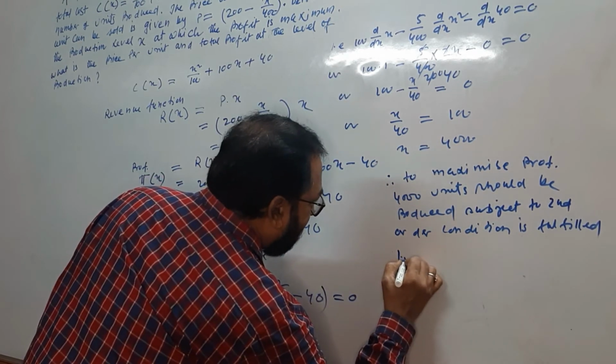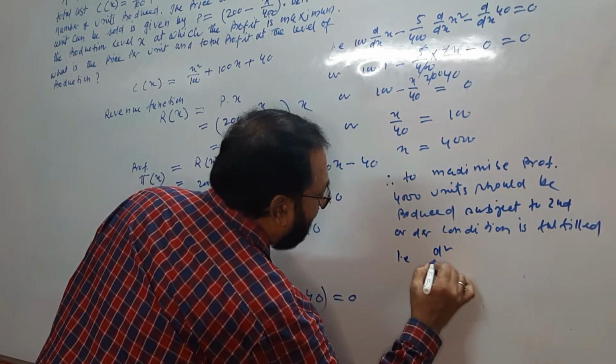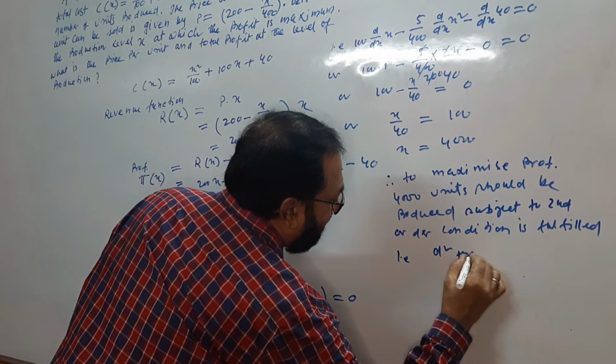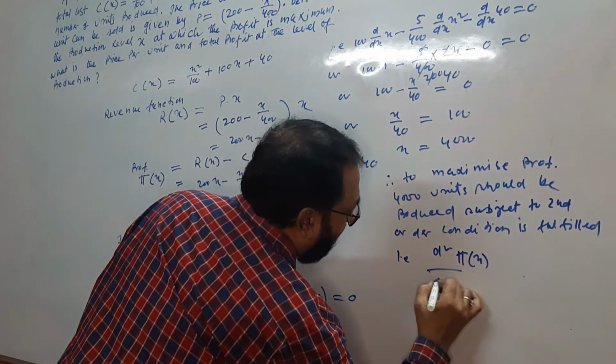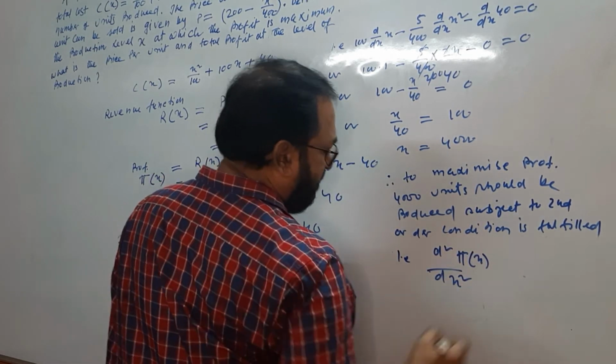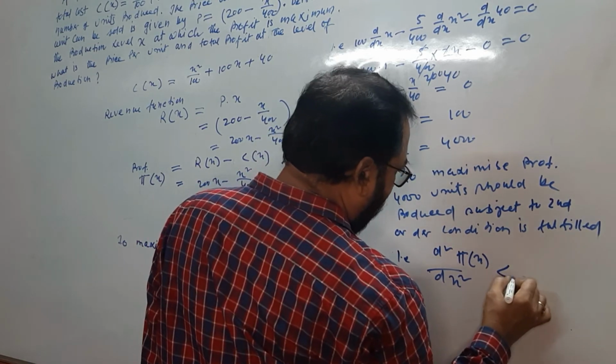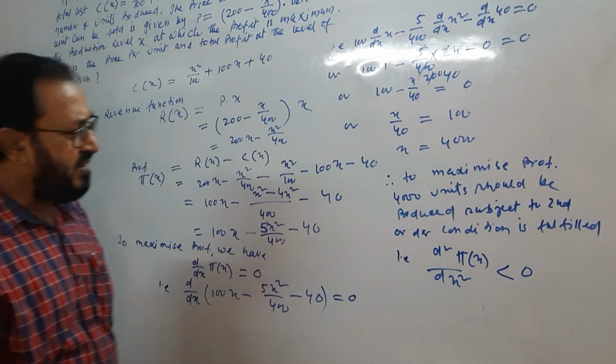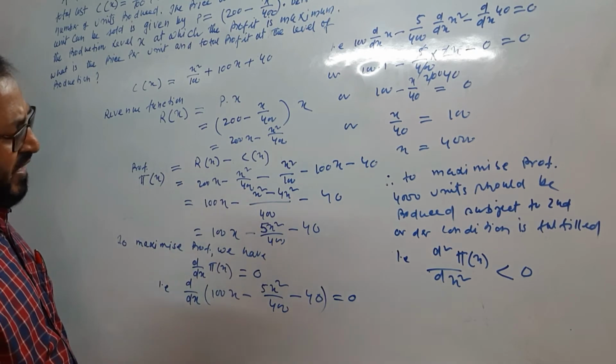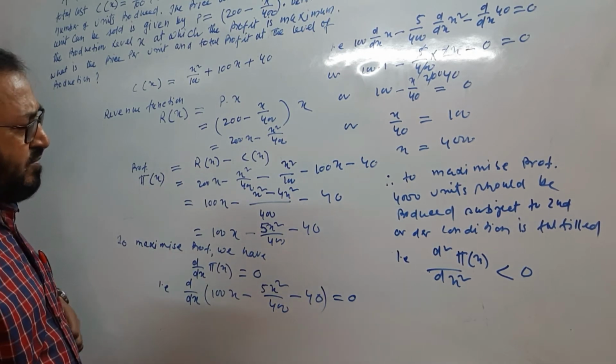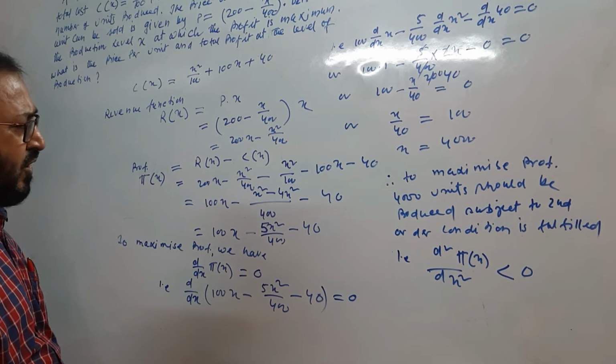That is, d squared pi(x) by dx squared must be less than 0. This is the second order condition. That is, d squared pi by dx squared must be less than 0.